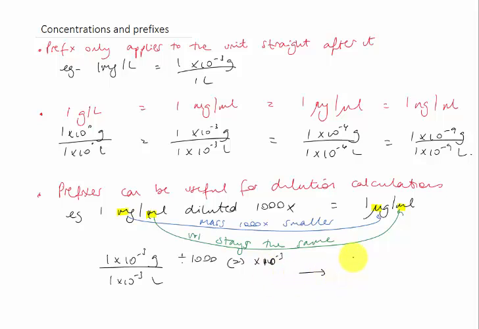So then that gives us 1 times 10 to the minus 3 times 10 to the minus 3 grams in 1 times 10 to the minus 3 litres. So that's 1 microgram per milliliter.